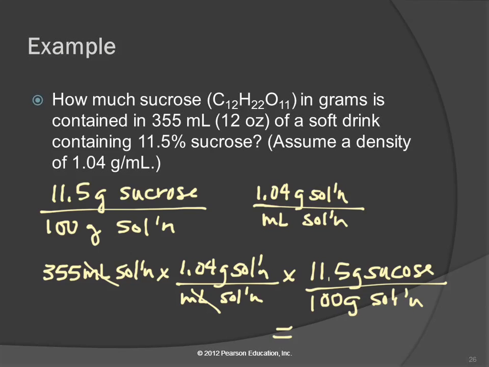So 355 milliliters times 1.04 times 11.5 divided by 100. 42.5 grams of sugar.